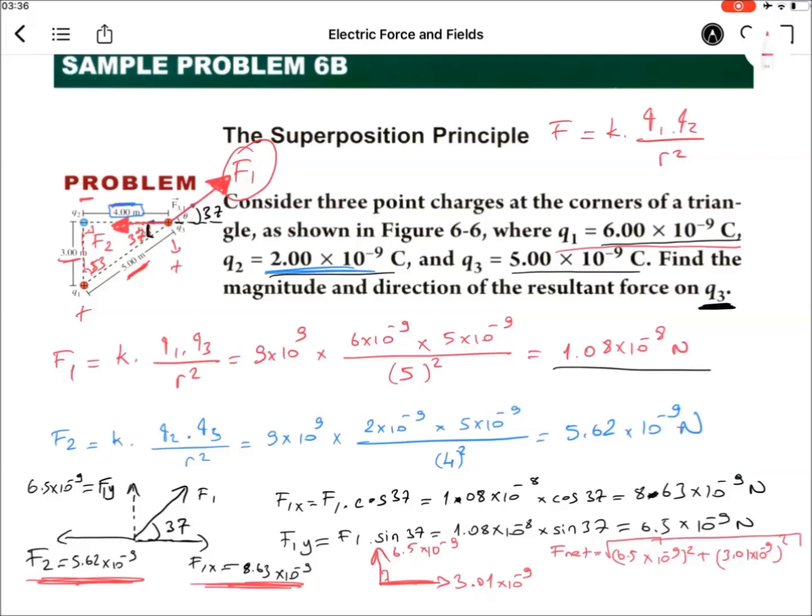So the net force will be 7.16 times 10 to the negative 9 newtons.